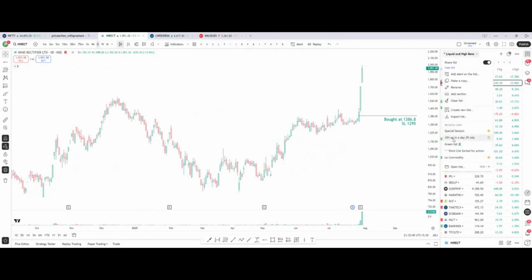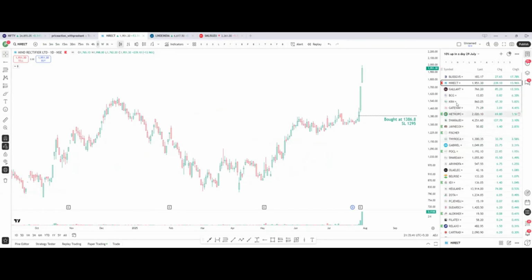So I use the list which shows me 10% up in a day. If a stock can move more than 10% on some day, it will come in this list, and this helps me identify stocks which have the potential to move larger.